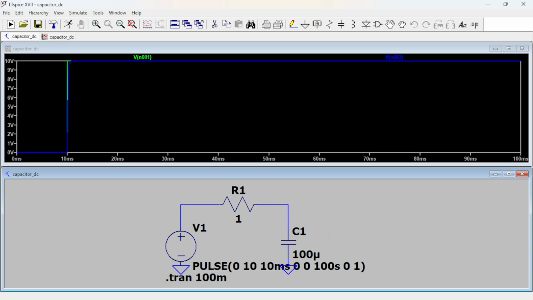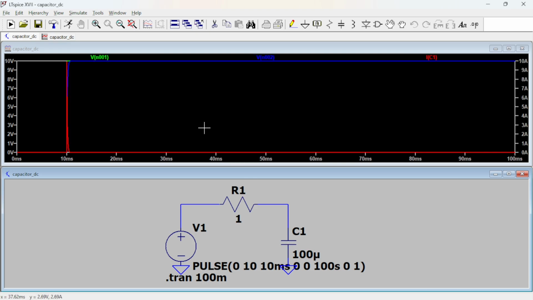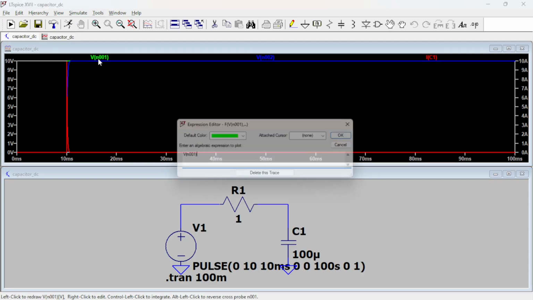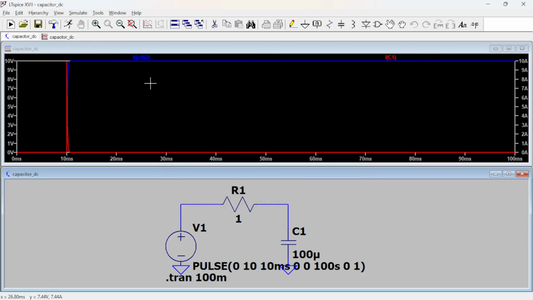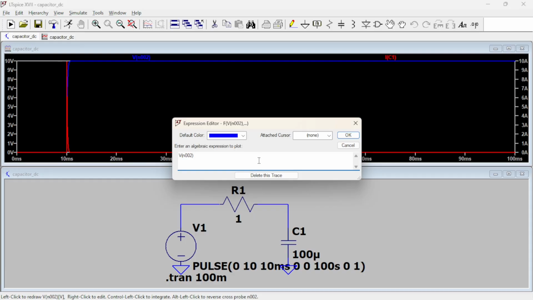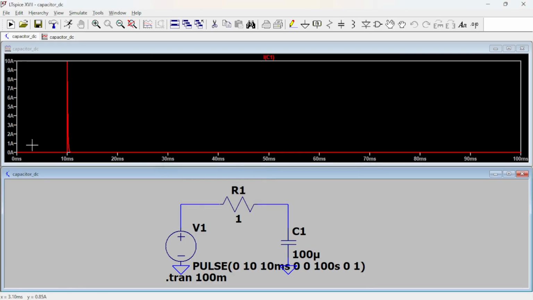And let's have a look at the current. Let me get rid of this trace and that trace. Here you can see that it goes from 0 amps straight up to 10 amps, and then it goes back down to 0, which is expected.